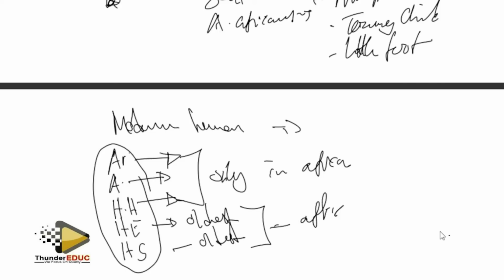I repeat. The fossils of Ardipithecus, Australopithecus, and Homo habilis were only discovered in Africa. Only in Africa. The oldest fossils of Homo erectus and Homo sapiens were discovered in Africa. That's how you're supposed to write the answer.